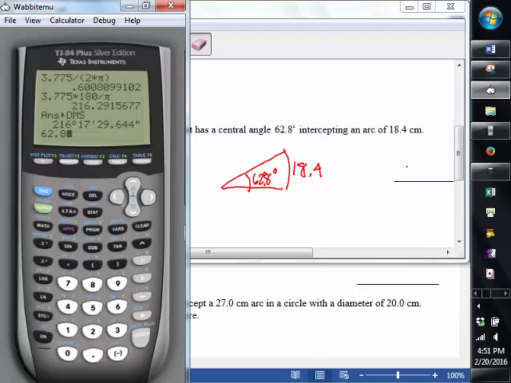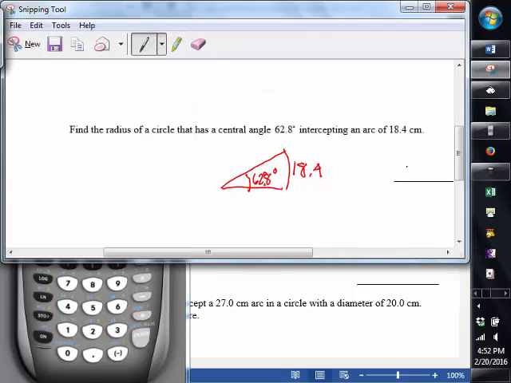62.8. We would multiply by 180 and divide by pi, and we get, whoa, that wasn't right, 62.8 multiplied by pi and divide by 180. And we get 1.0906. Now remember, the formula says that theta equals S over R. So here's the S. We know theta now.